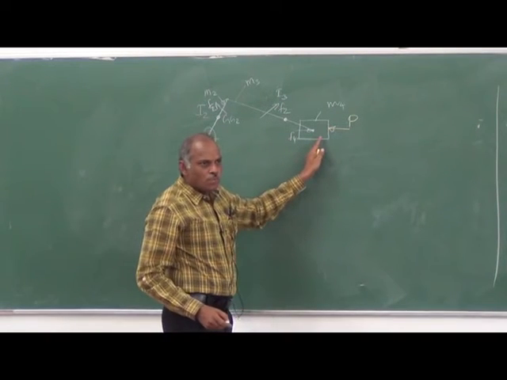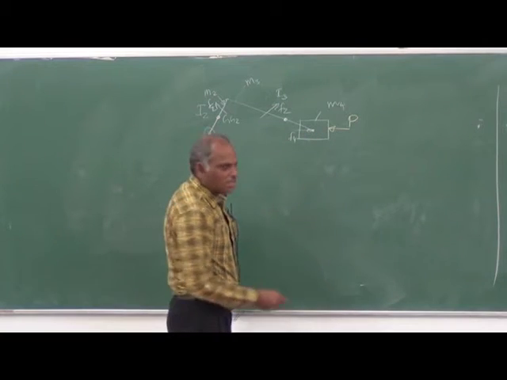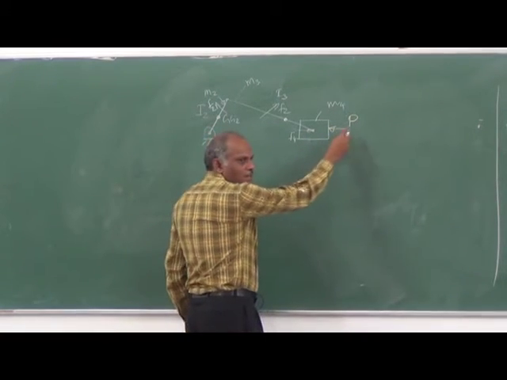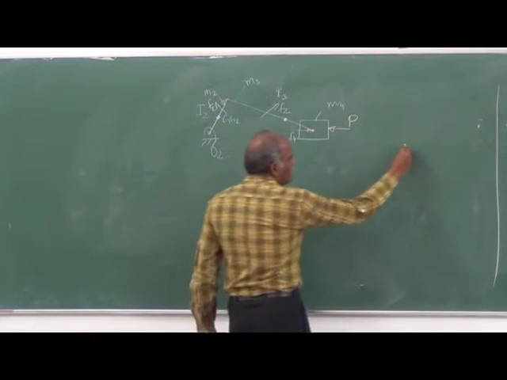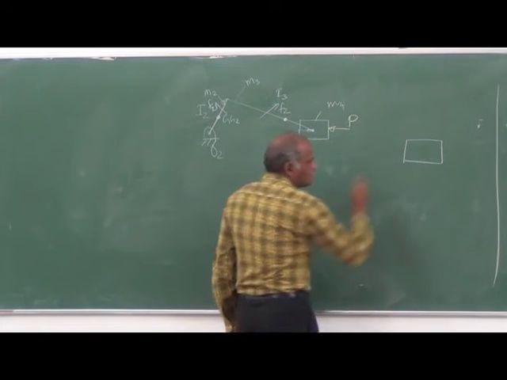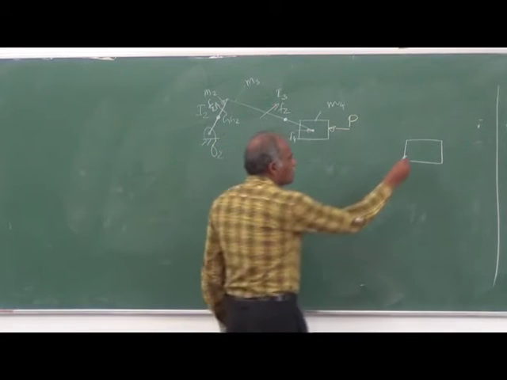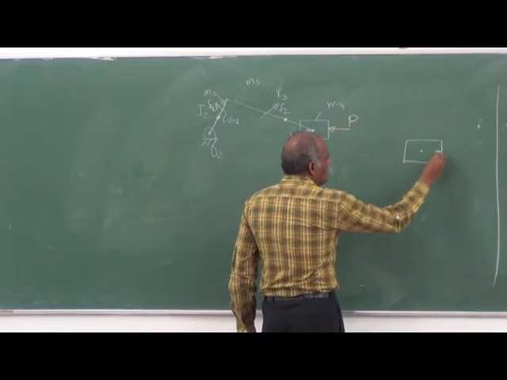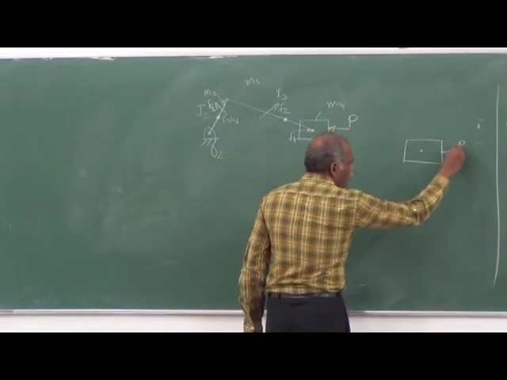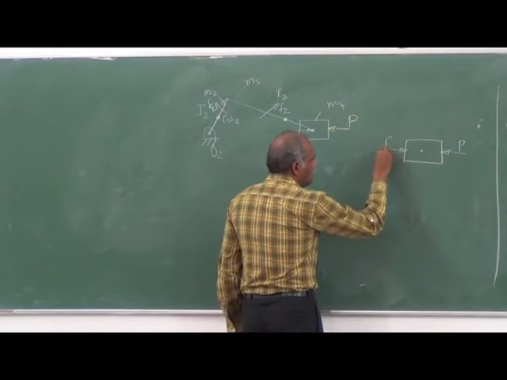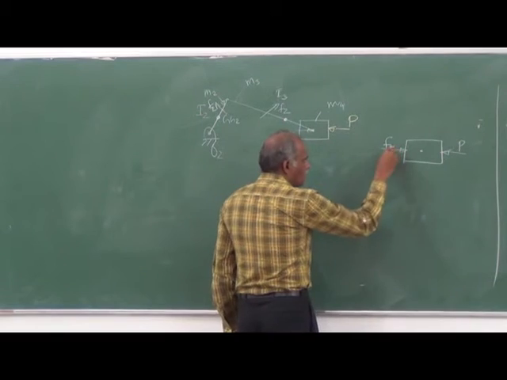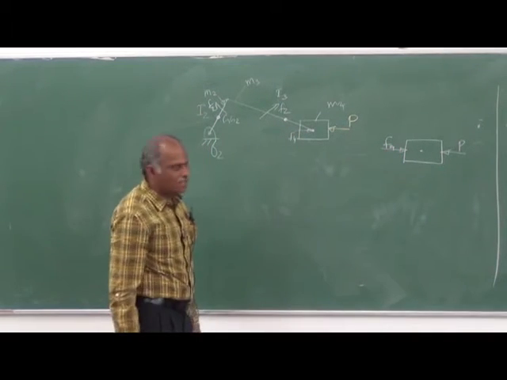So how to proceed and do the combined force analysis? This is the external force that is acting. These are all the inertial forces. Draw the free body diagram for the piston. Now external force P is known in magnitude and direction. The inertial force F4 is known in magnitude and direction.